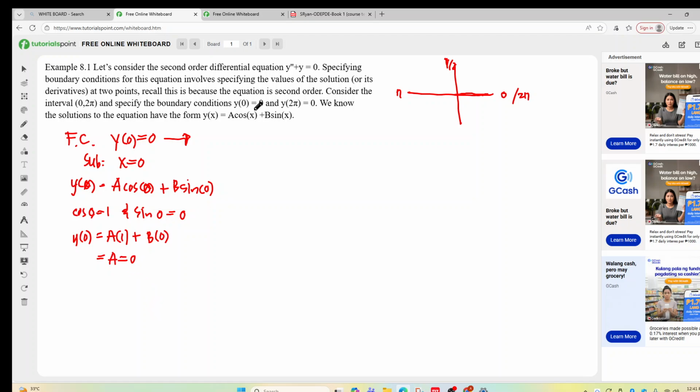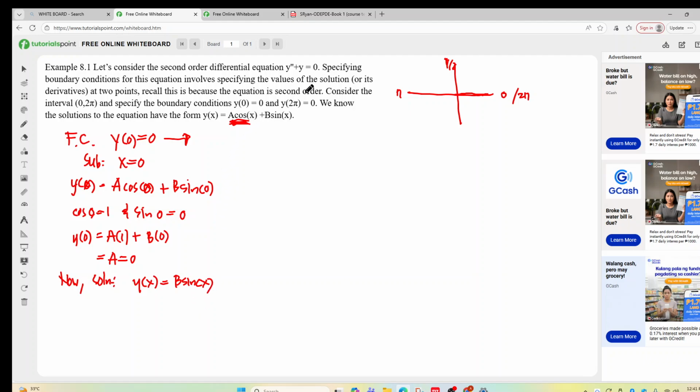Since a is equal to 0, this component of y(x) is eliminated. So the solution for this differential equation is now in the form y(x) = b sin x.